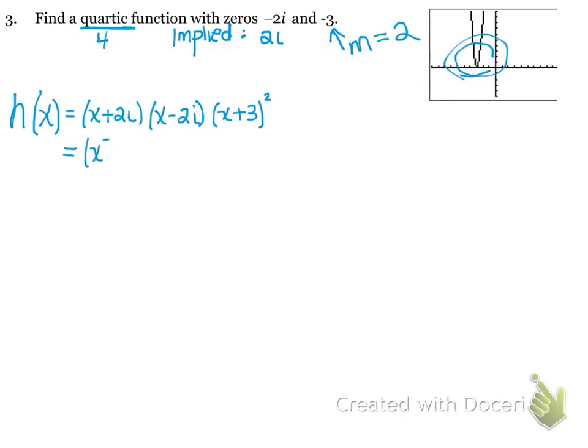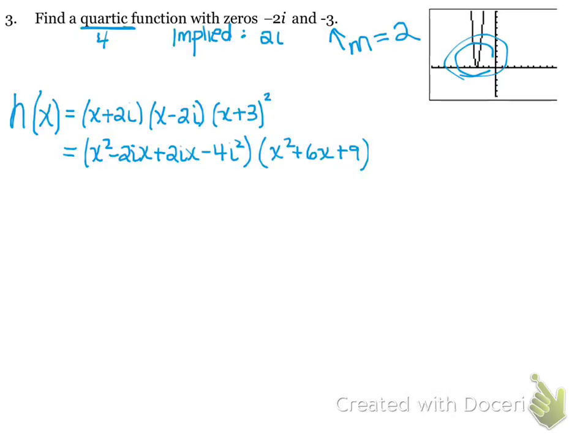So I'm going to get x squared minus 2ix plus 2ix minus 4i squared. And then x plus 3 expanded, which is x plus 3 times x plus 3, and you need to FOIL it. You get x squared plus 6x plus 9. Not minus, sorry, plus 6x.